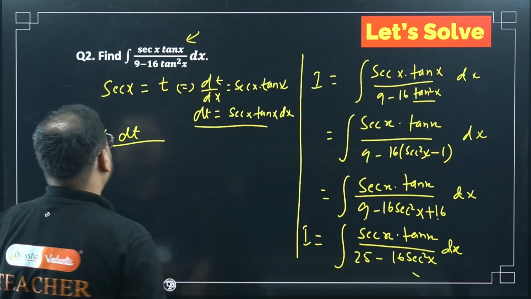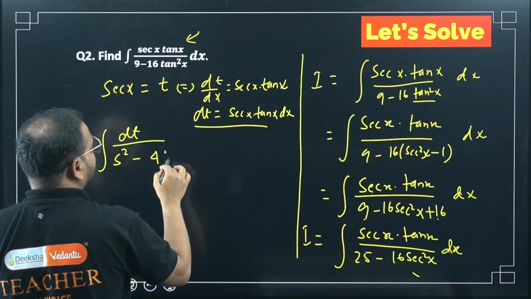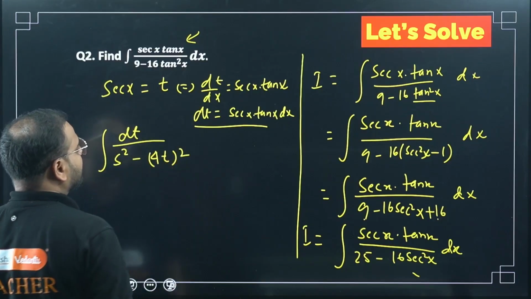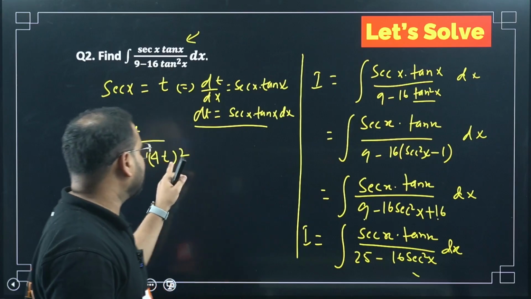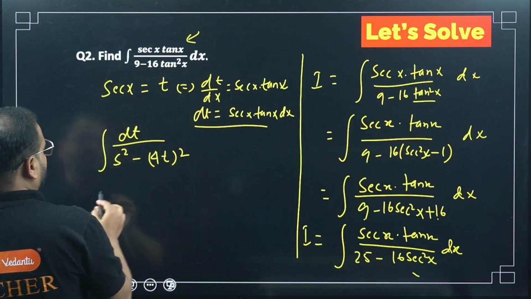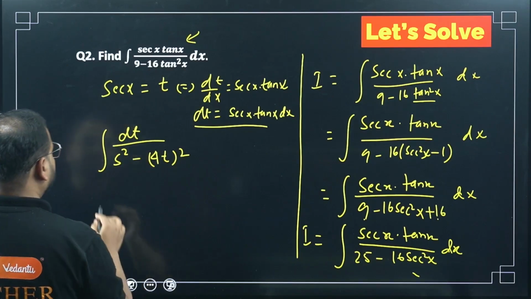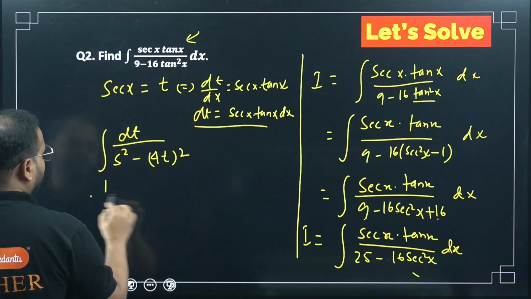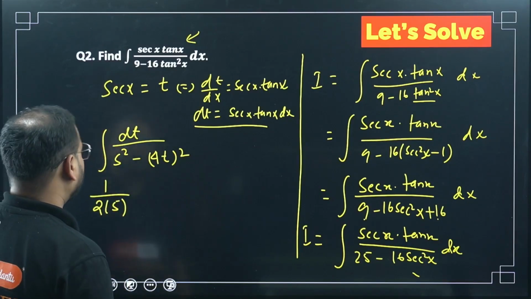Now what is this? Simply 5 square minus 4t the whole square. How, sir? 4 sec square, so 4 square is 16 and t square is just sec square. Now please check. This will be given by what? Simply 1 by 2a, so 1 by 2 times 5.